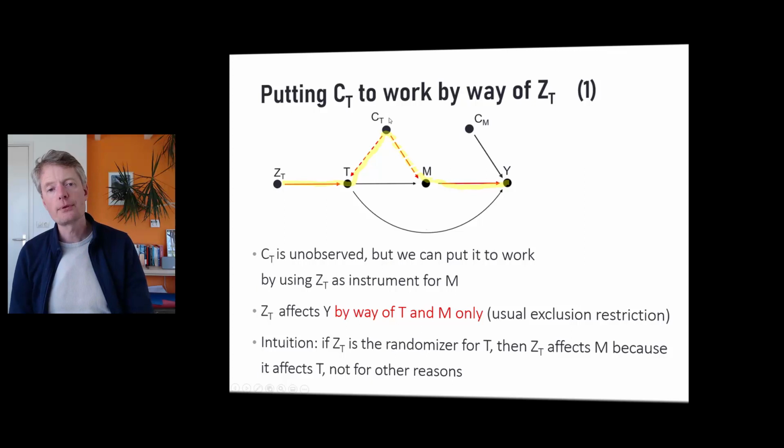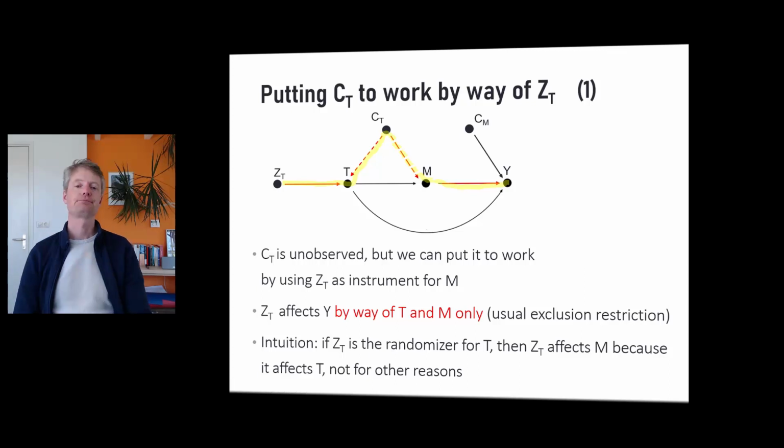And then obviously, as in the case of any instrument, CT should not affect the outcome directly. It should only affect the outcome by way of the mediator, right? So that's the usual exclusion restriction of any instrument.